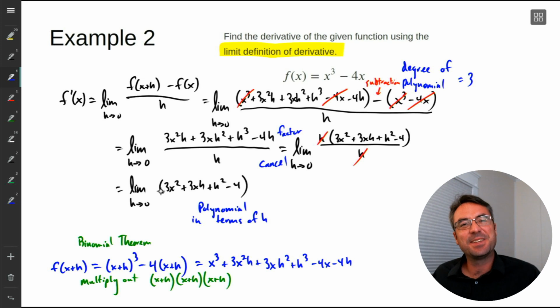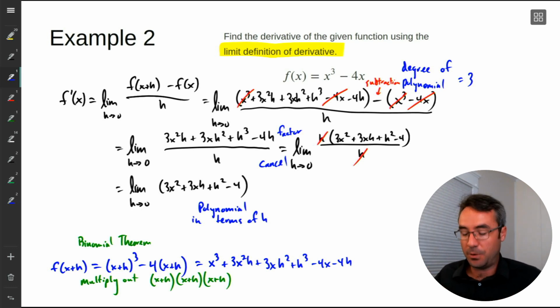So yeah, it's a little tricky here. There's x's and h's, but we look at our limit and h is going to 0. So in the context of what we're doing here, h is really the thing that's changing. So this is just a polynomial in terms of h.